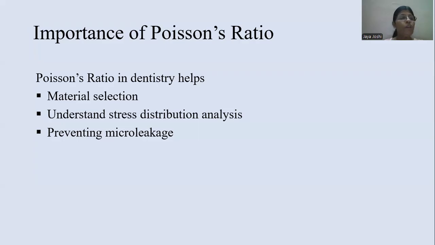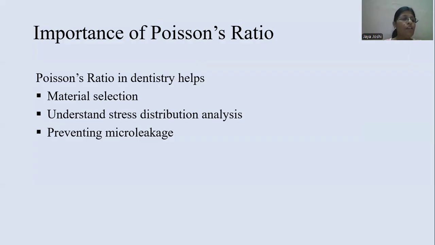Now we will see the importance of Poisson's ratio in dentistry. First, it helps in material selection. By considering the Poisson's ratio of a dental material, the dentist can easily select the material which will match that of the natural tooth structure, which helps reduce stress related problems. Second is stress distribution analysis.